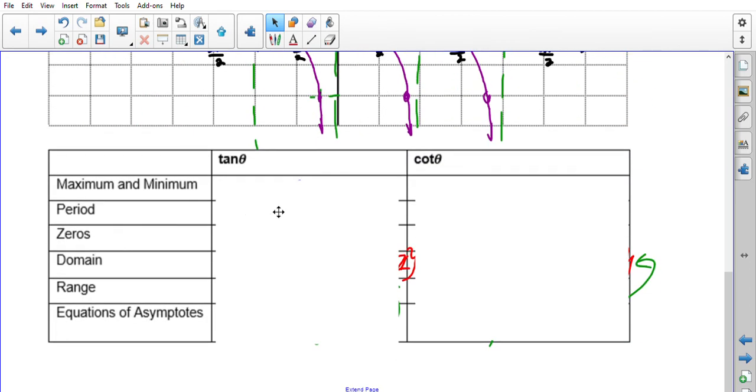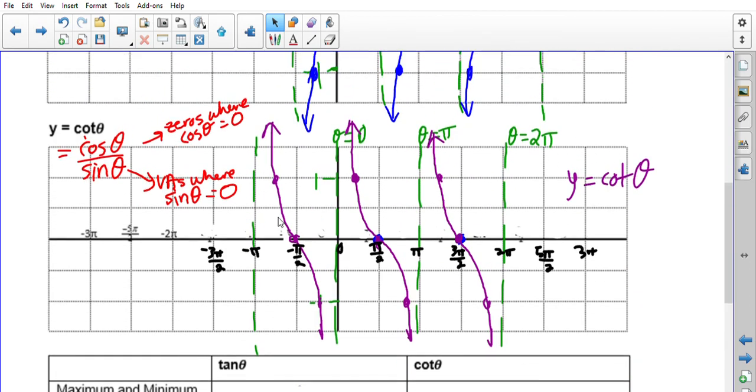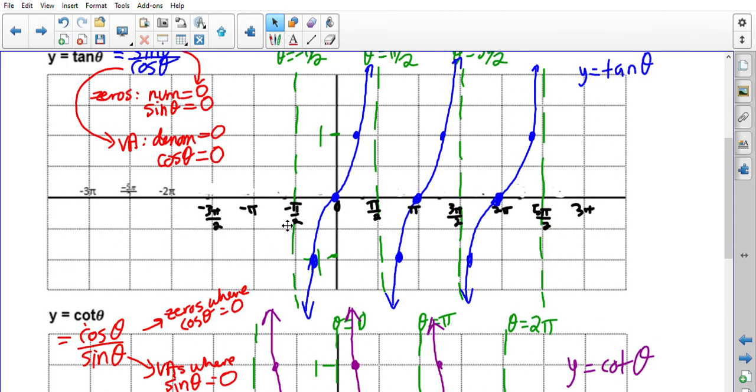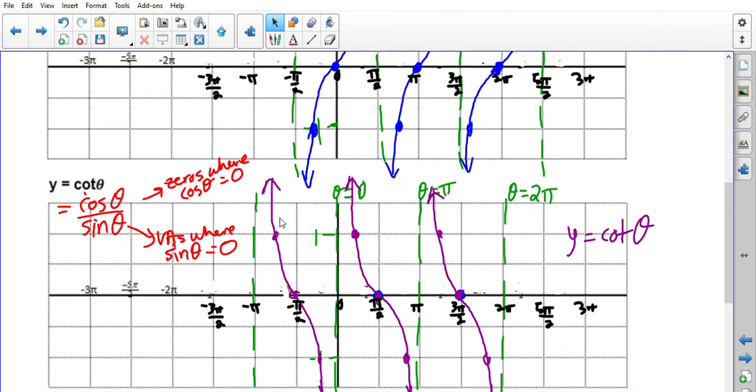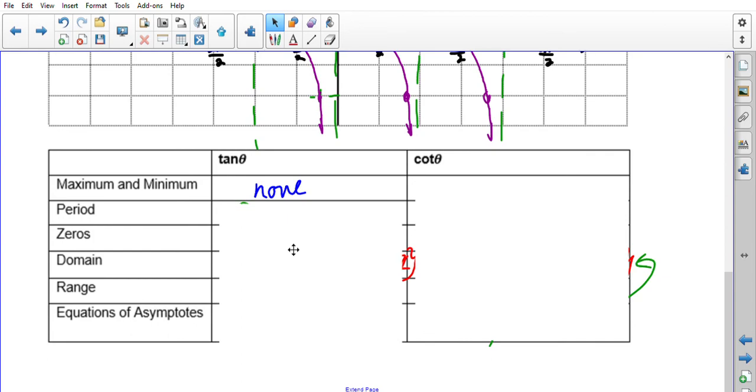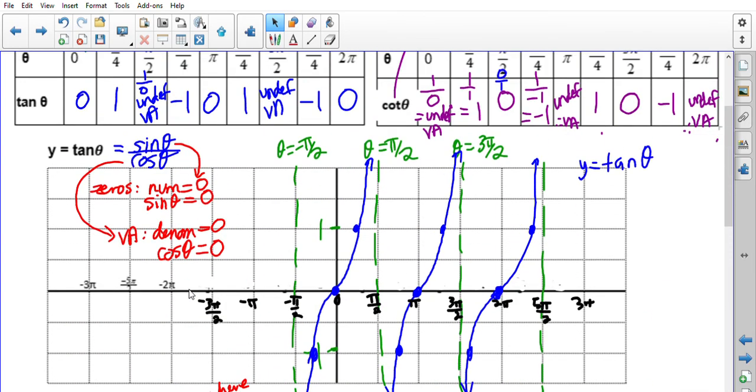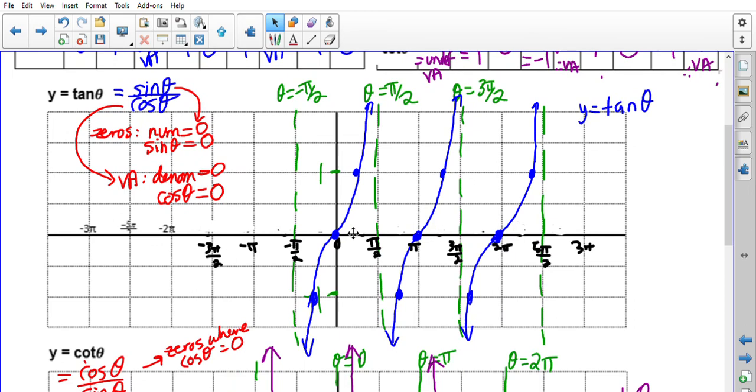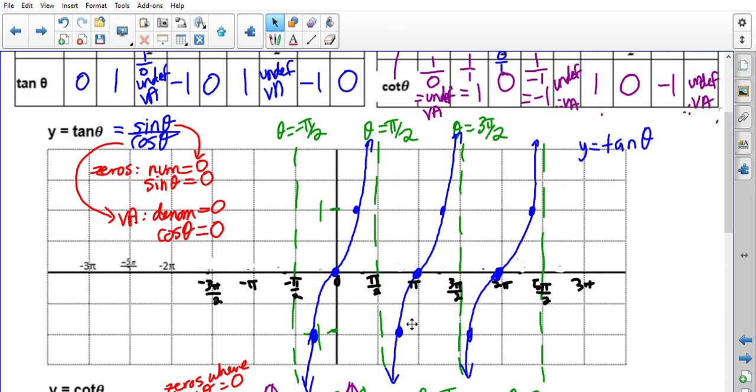All right, so for tan theta, looking at the graph here, you can see there are no max or mins, no local or absolute. So none. Now let's find the period of tan. If you look from here to here, this is one cycle. Just one of those S shapes is one cycle because it immediately repeats the next time.